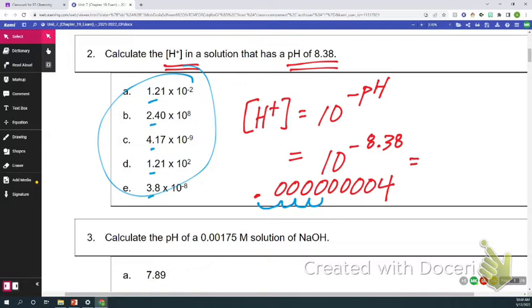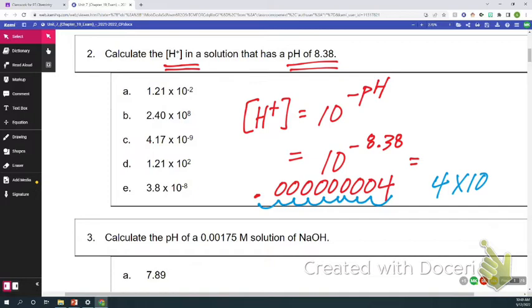You have to move the decimal point there after the 4. So we'll start again. 1, 2, 3, 4, 5, 6, 7, 8, 9 times. It went 9 times. And this is a really small number. So it's kind of like 4 times 10 to the negative 9th power. That's how you change it to scientific notation.